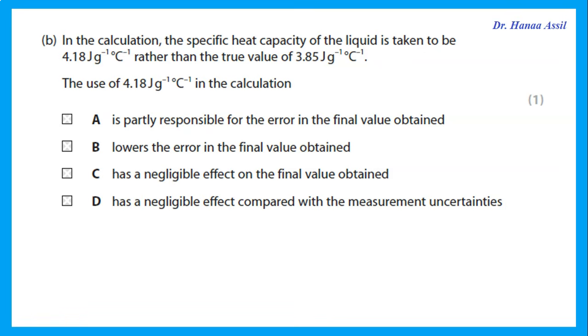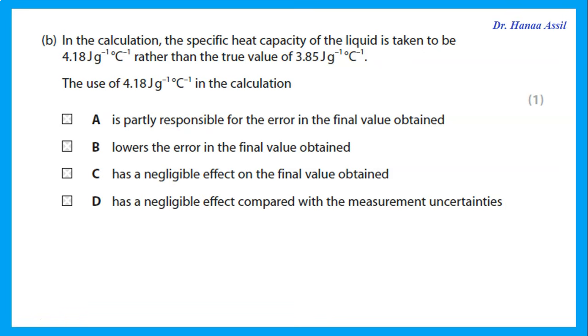The next part of the question says, in the calculation, the specific heat capacity of the liquid is taken to be 4.18 rather than the true value of 3.85. The use of this larger number in the calculation does what?